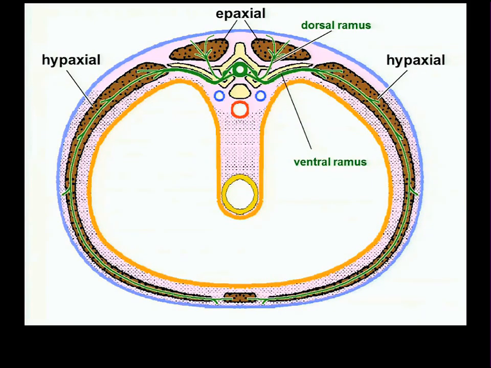All right, so we have now covered the innervation of all of the somatic structures of the body wall. That's done. We're through with that now. So in order to finish the body wall, we have to consider the innervation of the visceral structures of the body wall.